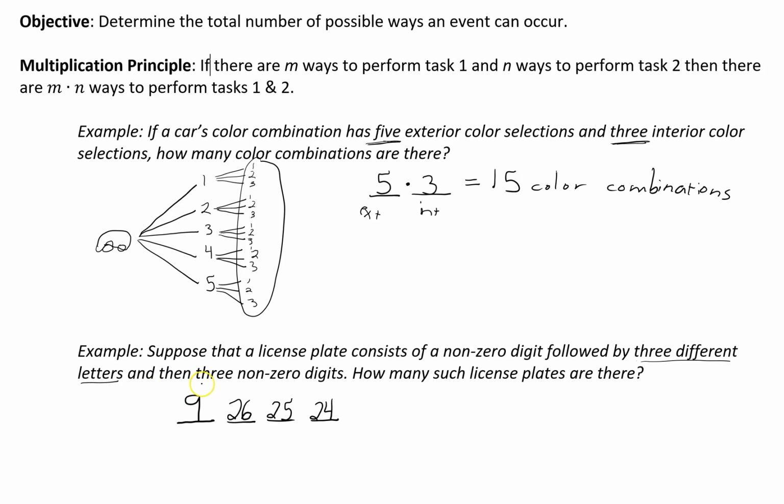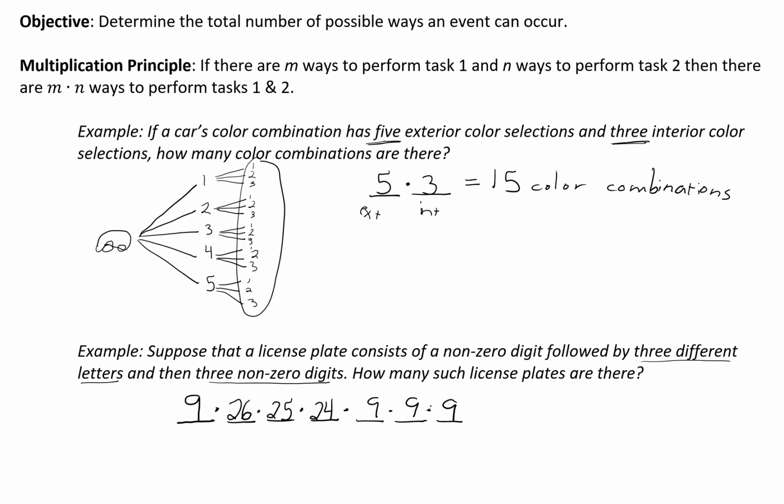It finishes with 3 more non-zero digits. Now, it doesn't mention that these 3 non-zero digits couldn't have occurred already. So we could actually have still 9 digits to pick from. It doesn't say anything about the numbers not being able to be repeated or having to be different. So I need to multiply all these values together.